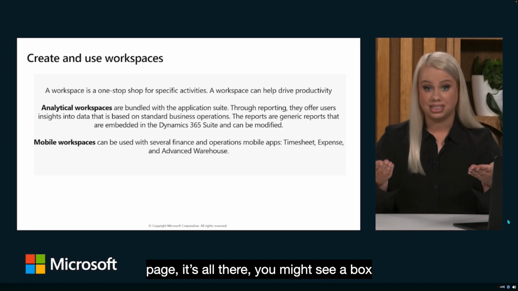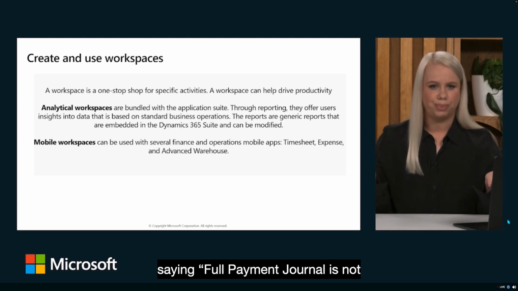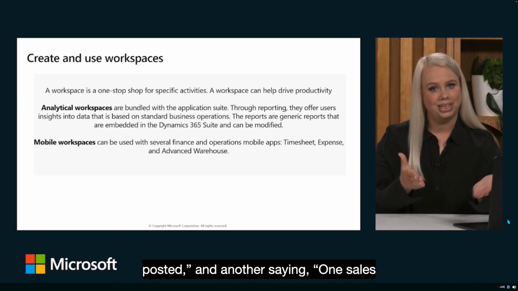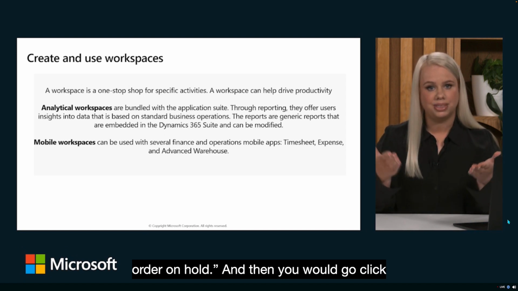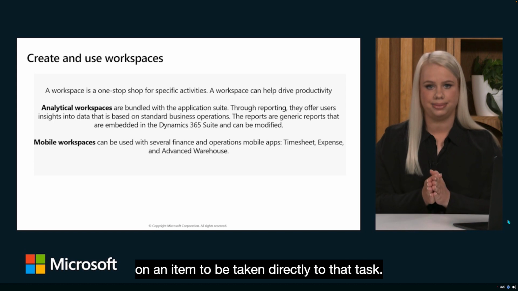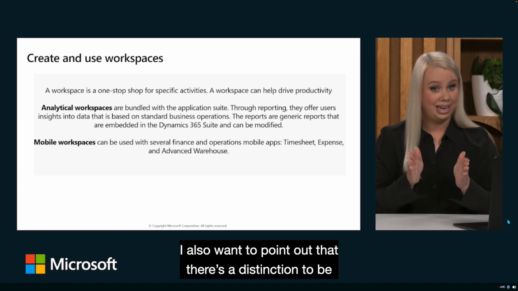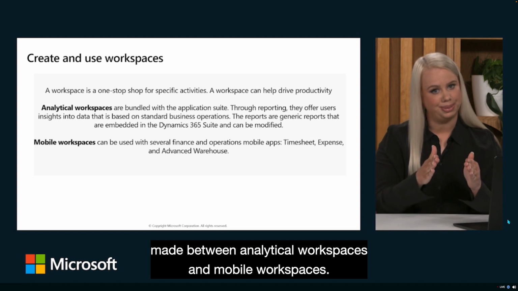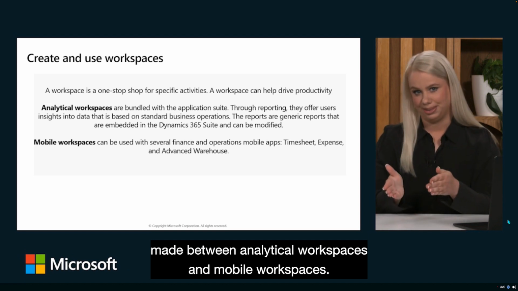Instead, it's a matter of opening up one page, it's all there. You might see a box saying 4 payment journals not posted, and another saying 1 sales order on hold. And then you would go click on an item to be taken directly to that task. I also want to point out that there is a distinction to be made between analytical workspaces and mobile workspaces.